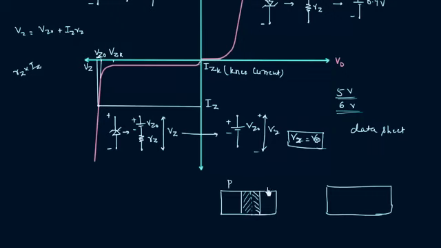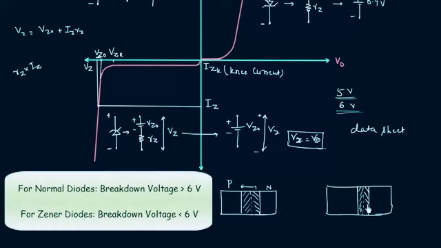This is P side, this is N side, and this is the depletion layer. And in case of Zener diode, the depletion layer is much narrow. This is the depletion layer in case of Zener diode, and this depletion layer is narrow if you compare it with the depletion layer in case of normal diode.